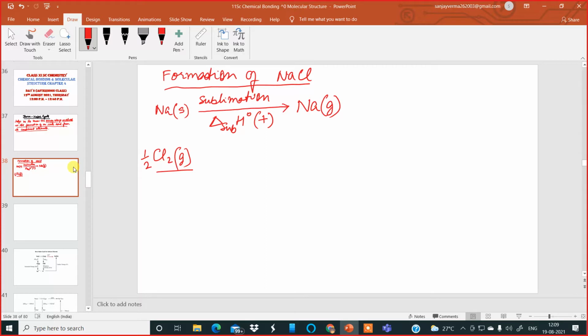Once we get the sodium atom in the gaseous state, now we must knock out the electron from the valence shell. To remove the electron, that comes under ionization, removal of electron, minus electron. So this is ionization energy or ionization enthalpy.